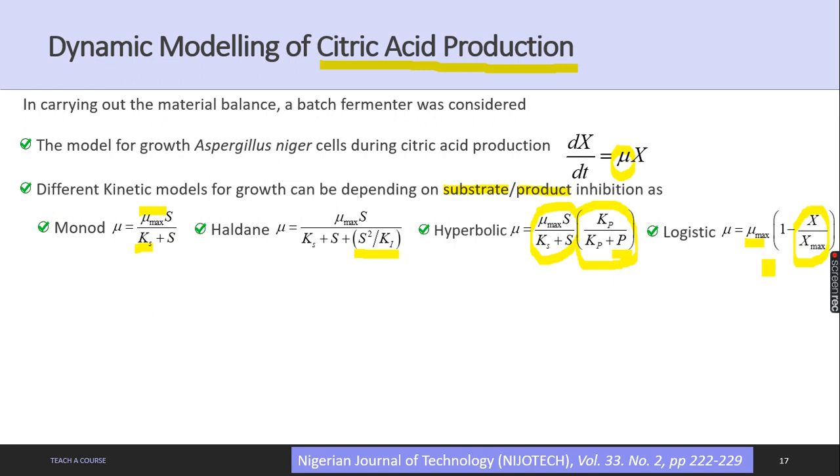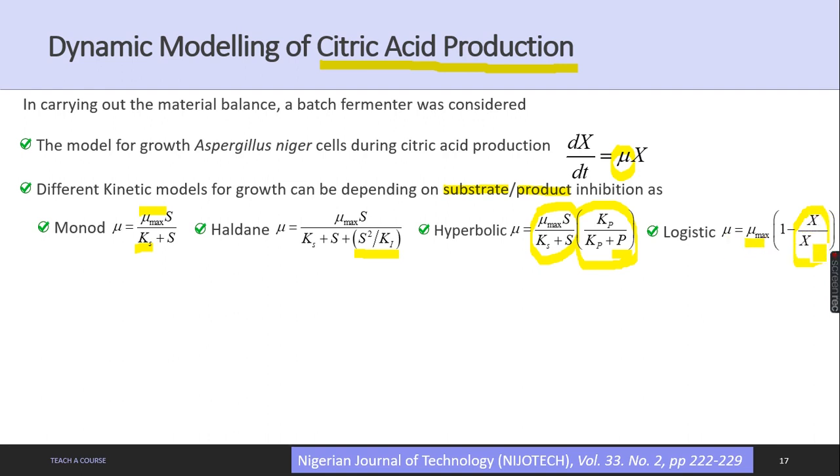X max is a parameter or constant in this analysis, also termed the carrying capacity: the maximum feasible biomass concentration in any bioprocess system. When x is very small, x by x max is nearly 0, so mu is essentially mu max.